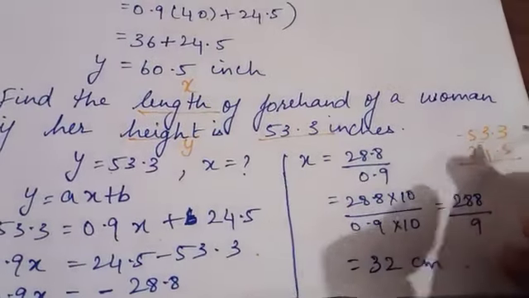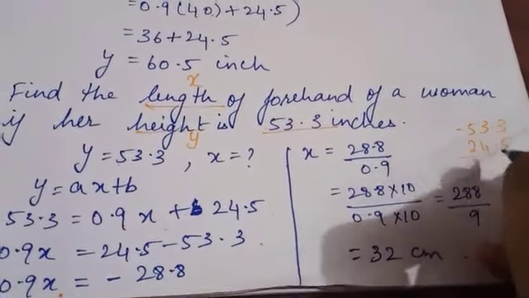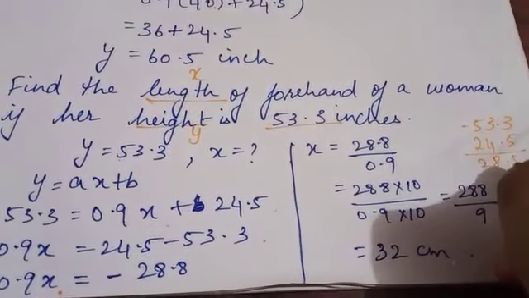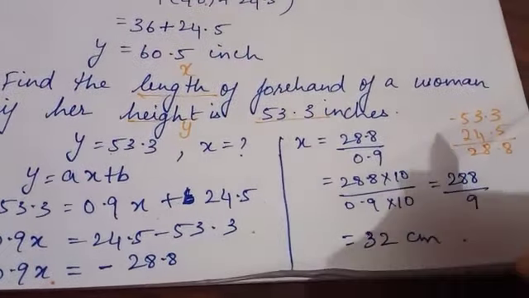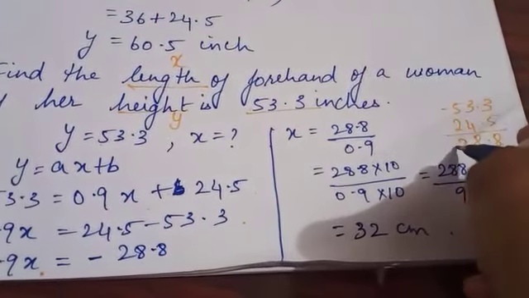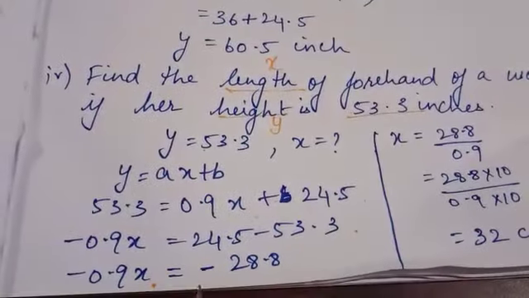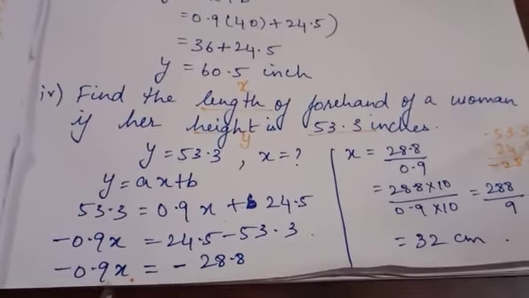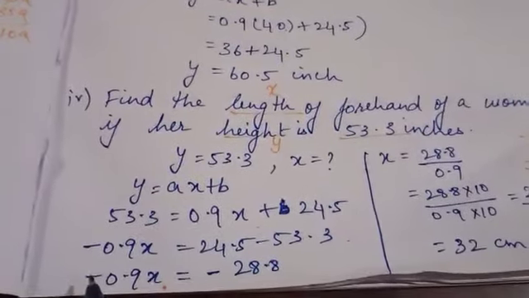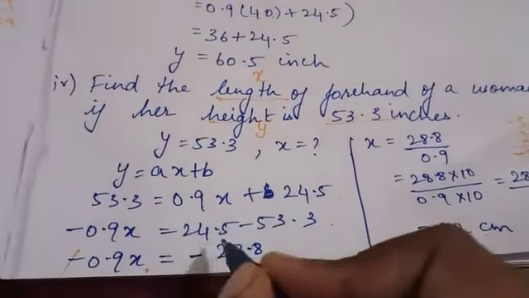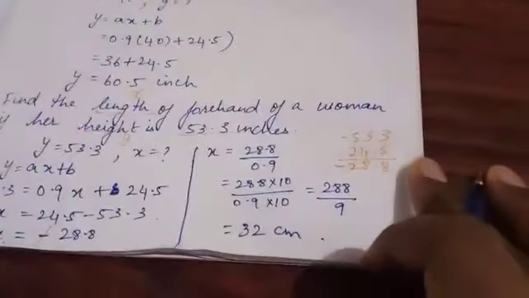Yes, so if we subtract both, our answer will be 28.8. So after subtracting, we have to check for the greater number sign. This is a greater number and the sign here is minus. So I have written minus 28.8. Yes. So next, both the sides we have minus, so I am cancelling the minus. Minus and minus gets cancelled.